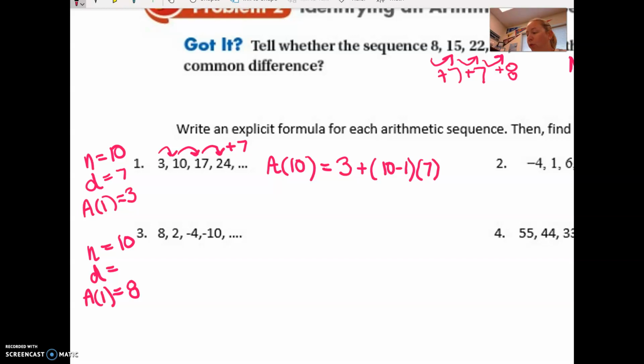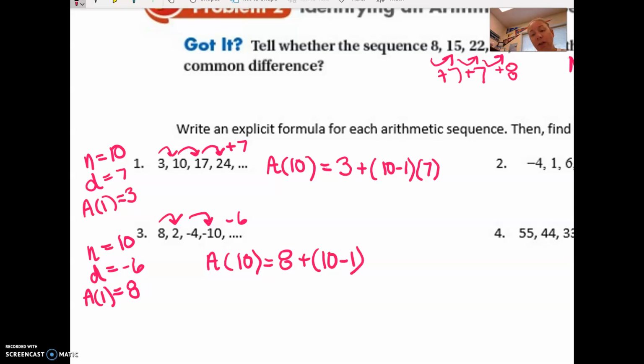In number 3, I'll go ahead and do that one. It's going down by 6 each time, so -6 would be our common difference. My formula would be, again, A of 10. This time our first value in the pattern is 8, plus 10 minus 1.